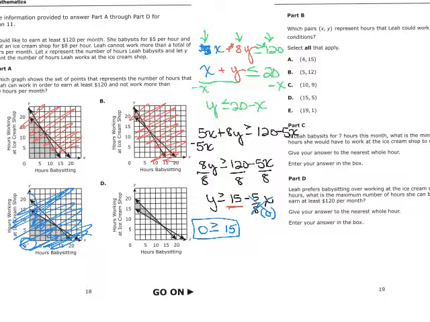So we're going to go back to our inequality up here of y is less than or equal to 20 minus x. And we're going to put this origin in here. And so do we get 0 is less than or equal to 20 minus 0, or 0 is less than or equal to 20?